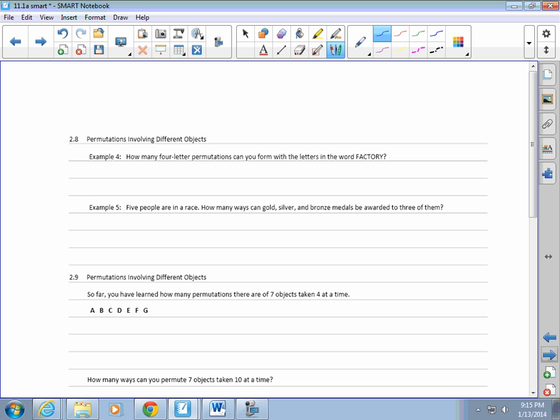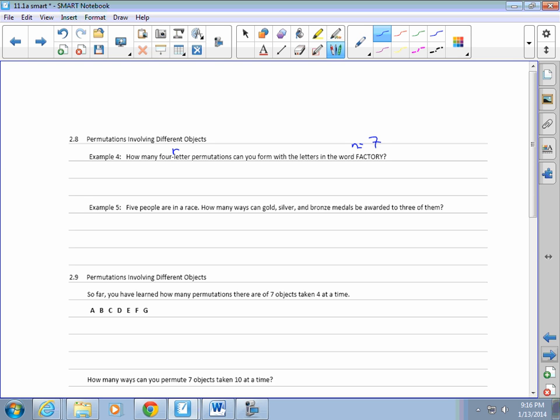Okay, next example. How many 4-letter permutations can you form with the letters in the word factory? So the last time we did this, it was how many ways can we arrange the word factory. Now it's saying I want to take these 4 at a time. So my r then is 4. My n is equal to how many possible arrangements do I have there?